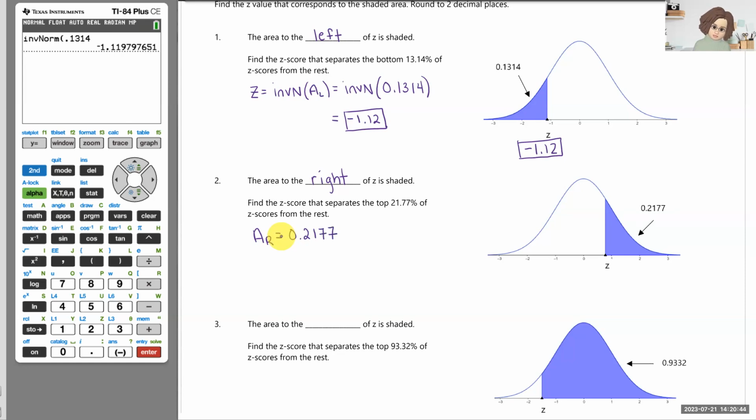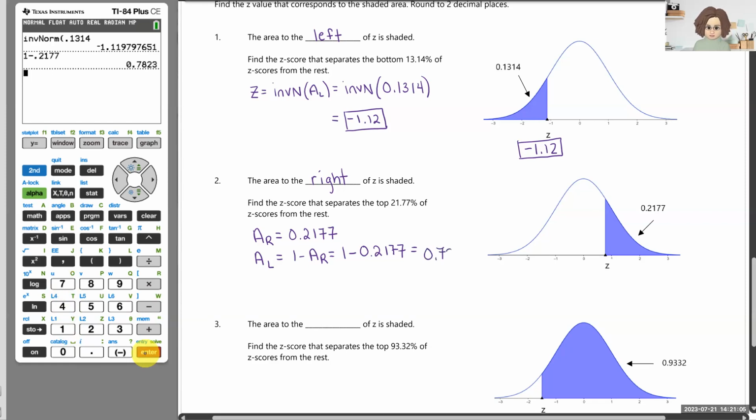But I need to know the area to the left of that z-score. So we just use the rule of complements. If you take 1 minus the area to its right, you'll get the area to its left. So that is 0.7823.